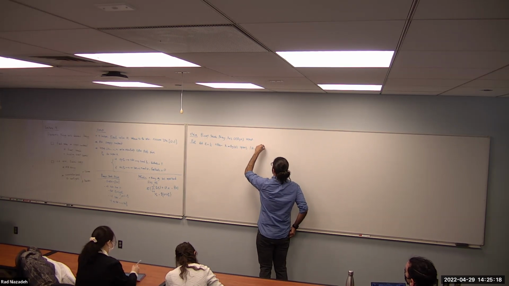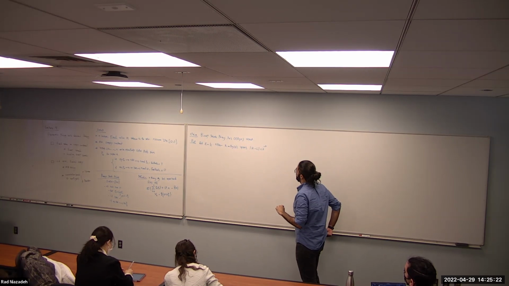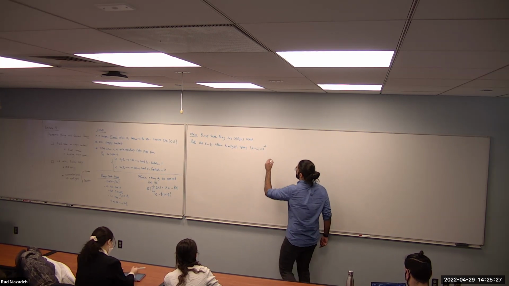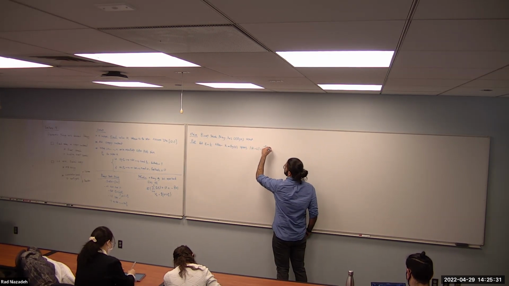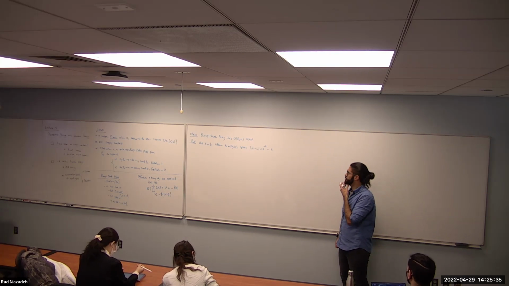So 2 to the minus k, which is epsilon. Right?